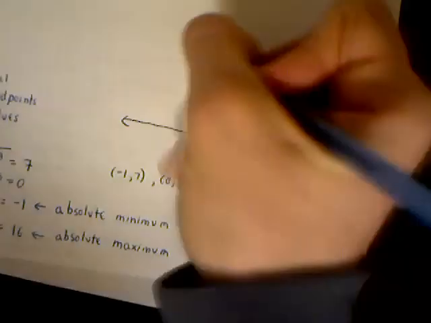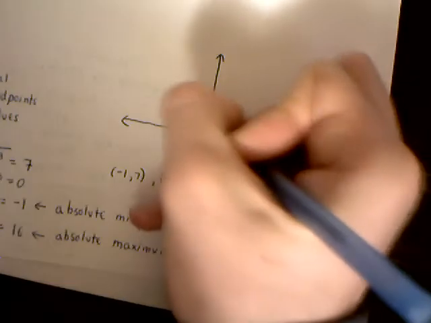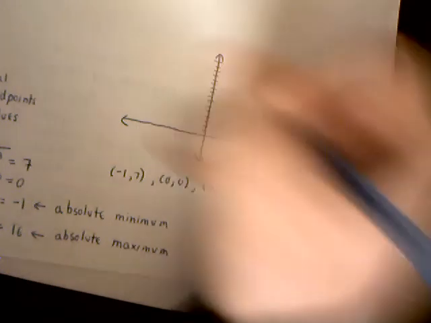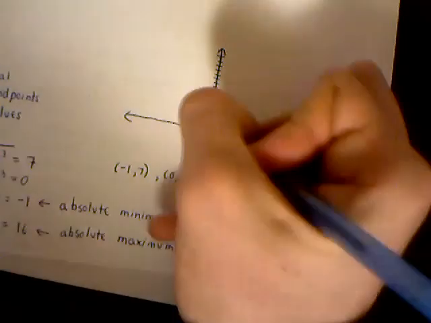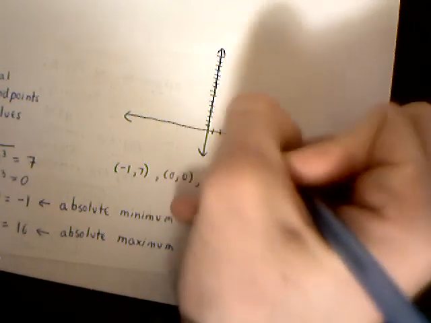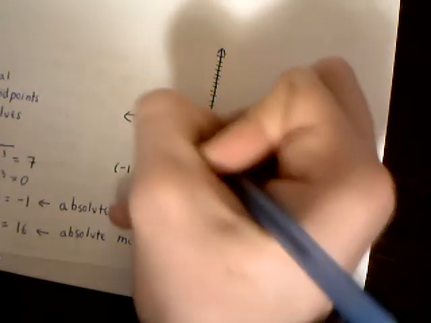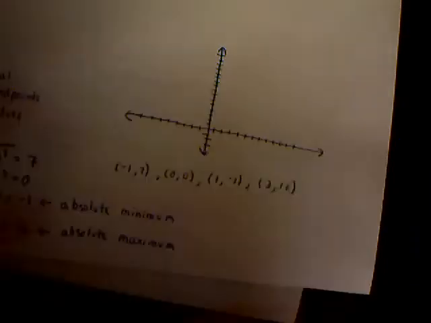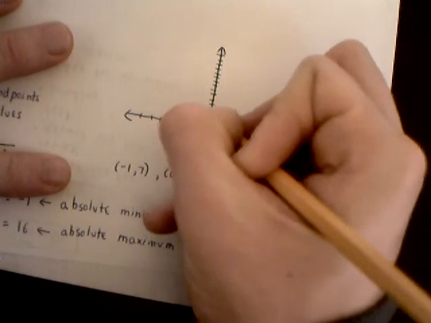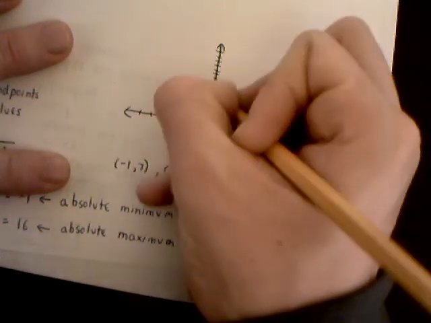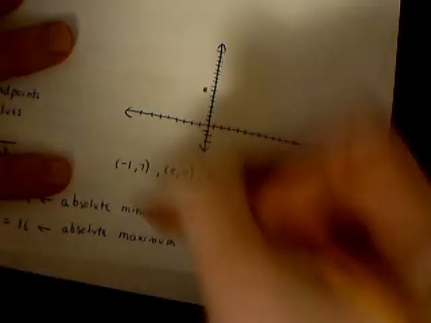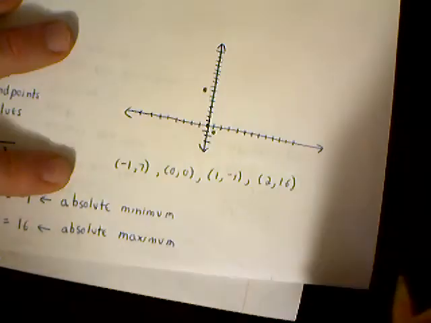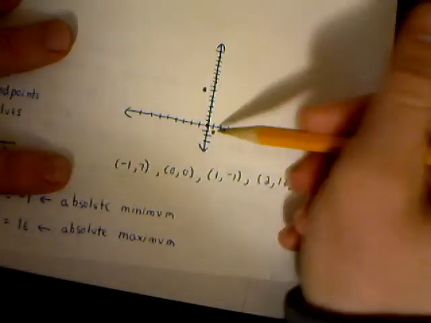All right, we're going to graph it. I've got 1, 2, 3, up to 16 on the vertical axis. So I have (-1, 7), then (0, 0), (1, -1), and then (2, 16).